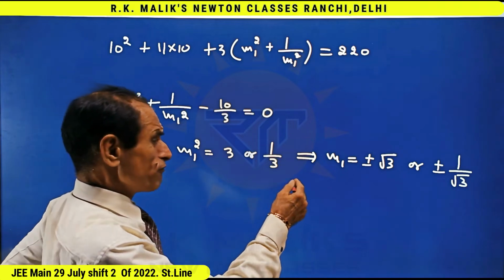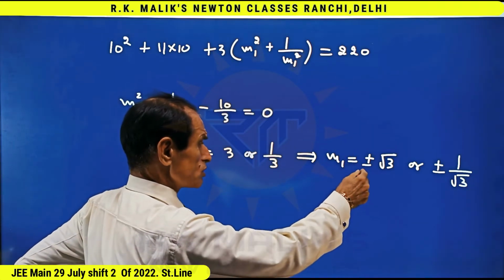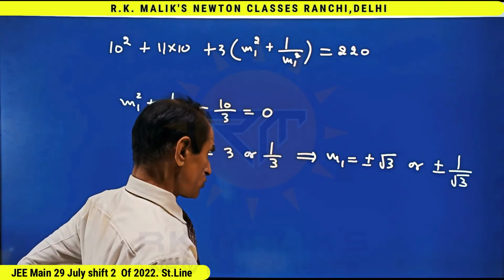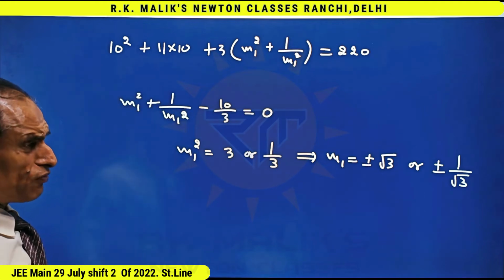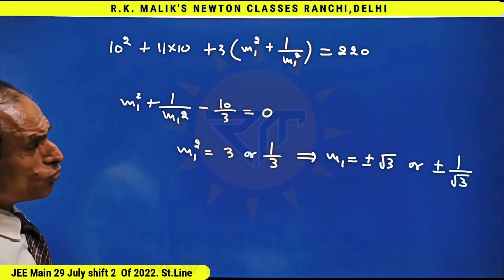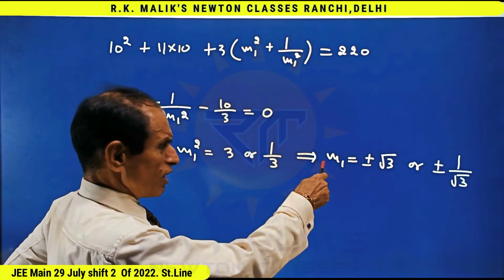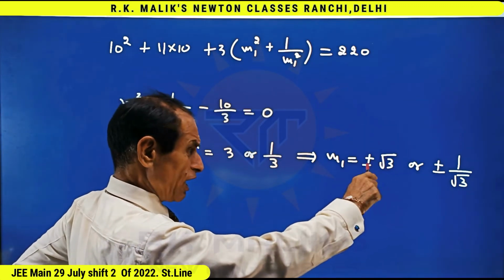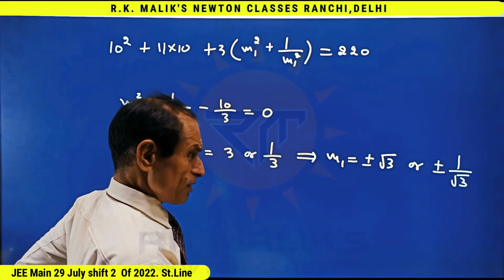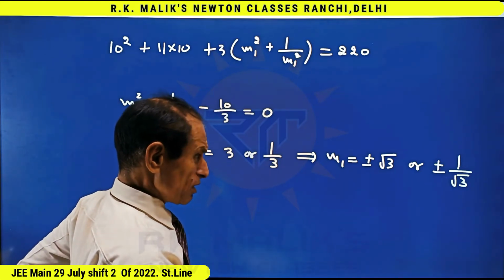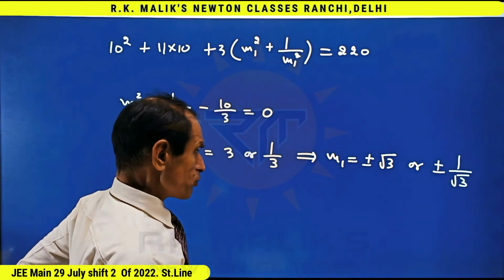That is the value of M1 can be root 3 or minus root 3 or 1 by root 3 or minus 1 by root 3. To proceed further, I take any value of M1, say root 3. Actually, I can proceed with any other also. I'll get the same answer. Why, that I will explain in the end. First, let me proceed further.